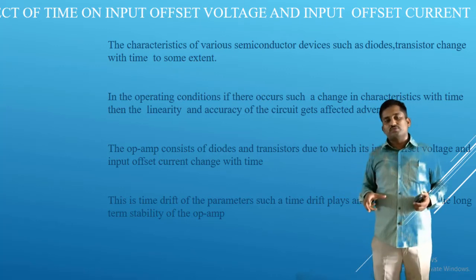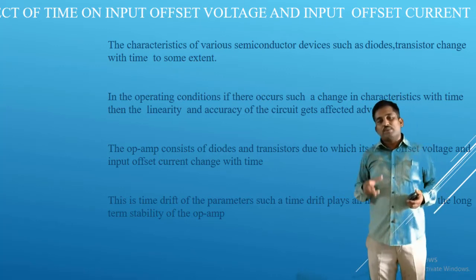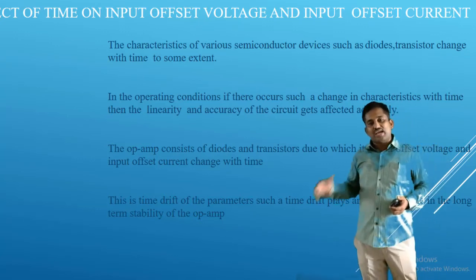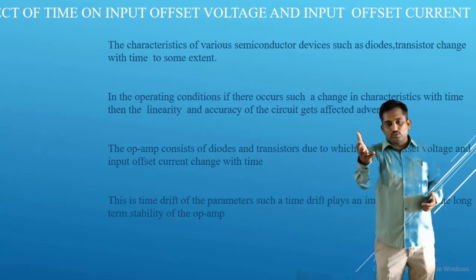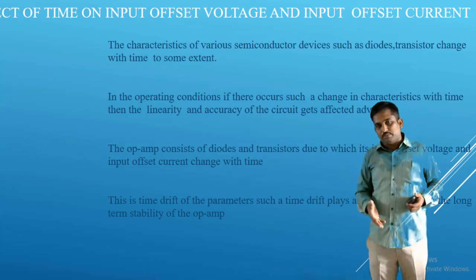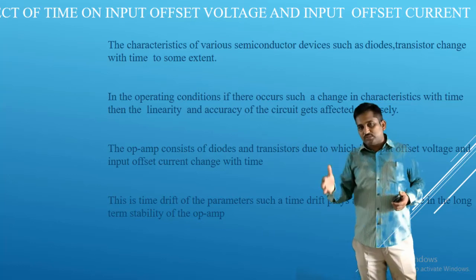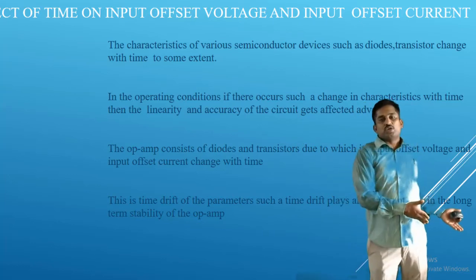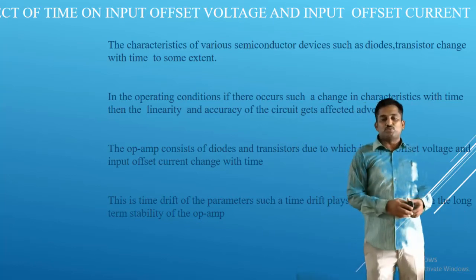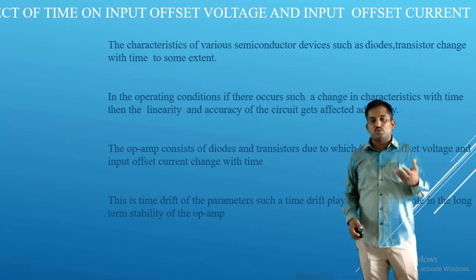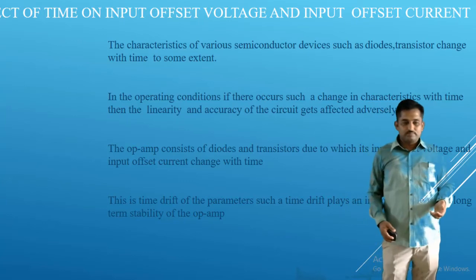Because the output offset voltage is equal to (1 plus RF by R1) into VIOS plus RF into IIOS. If the input offset voltage is varying with respect to time and the input offset current is varying with respect to time, then obviously the output offset voltage is also varying with respect to time. That's why VOOS is also varying with respect to time.